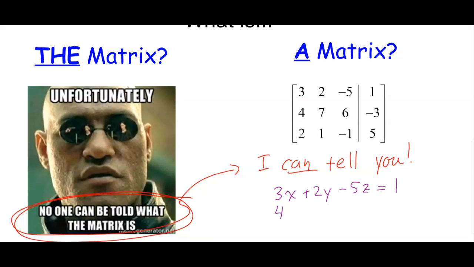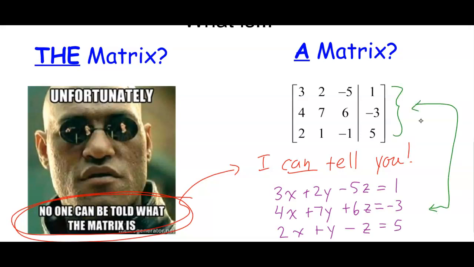And then there would be a second equation, 4x plus 7y plus 6z equals negative 3. And then there would be a third equation, 2x plus y minus z equals 5. And if you look at the matrix and you look at the system, it's pretty obvious, I think, how this relates to this.